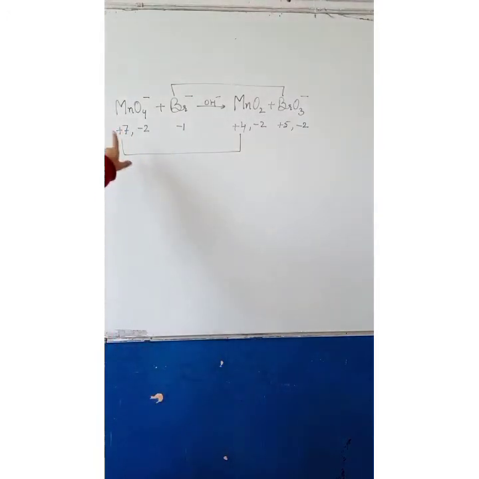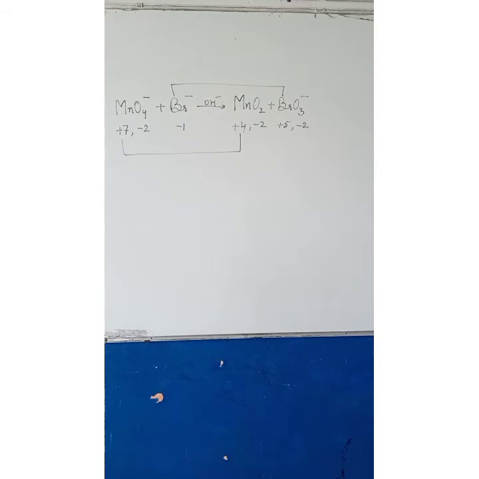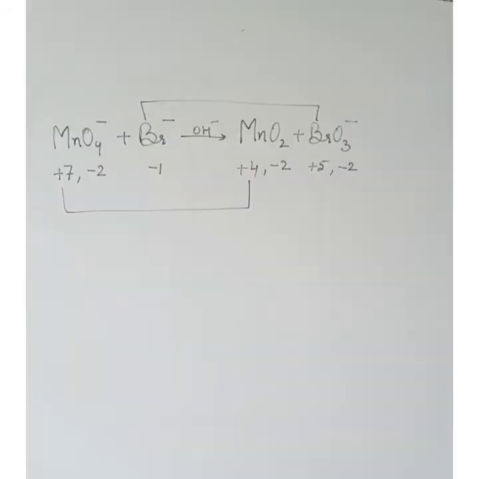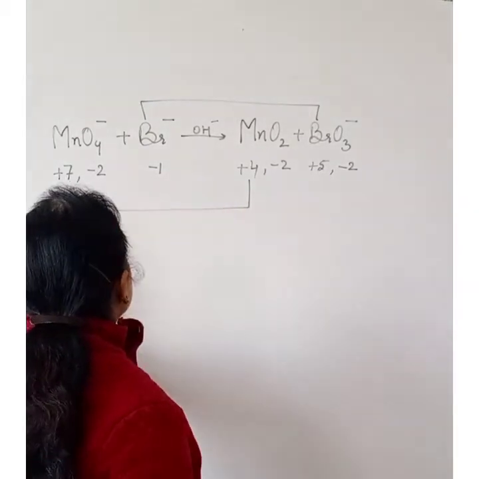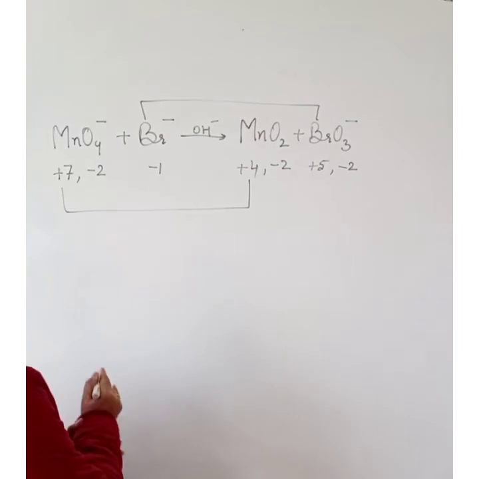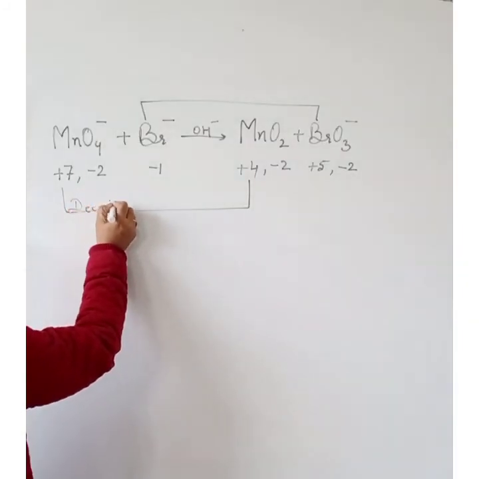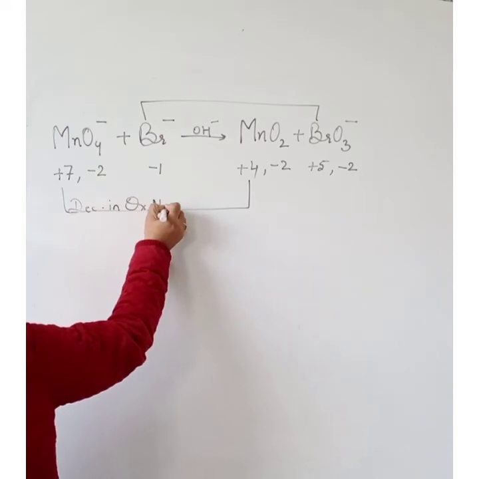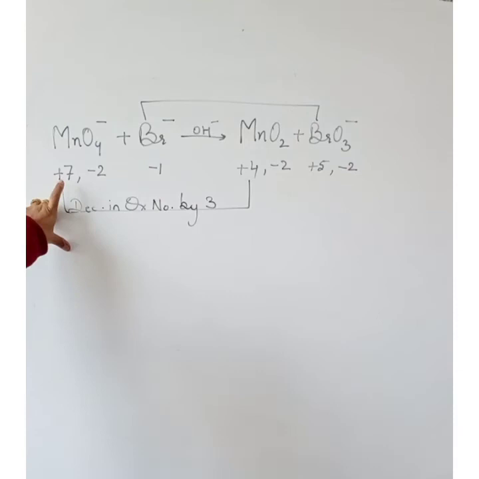Find out the change in oxidation number. Consider this example. We have written down the oxidation number of all the elements involved and we are connecting the elements which are undergoing the change. So here we will find that there is decrease in oxidation number by 3. 7 is changing into 4.